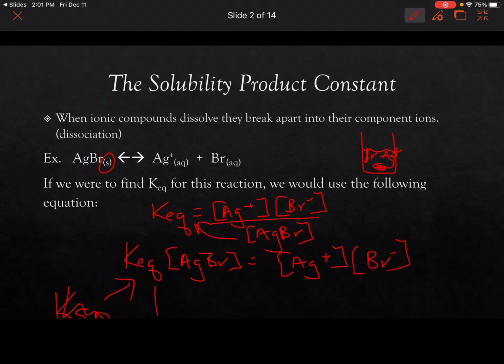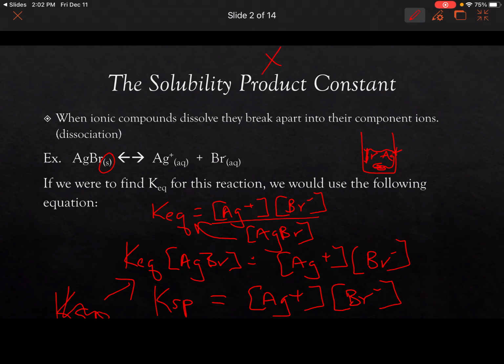This is our KSP. So KSP is when we've got a solid in equilibrium with its ions. And so KSP is going to be equal to just the multiplication of the products. So that's where we get the solubility product constant.